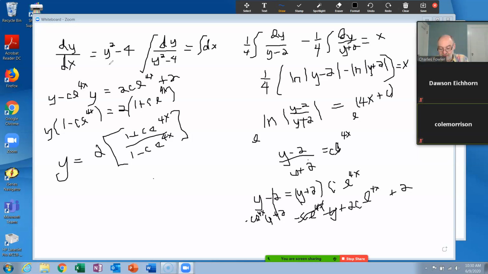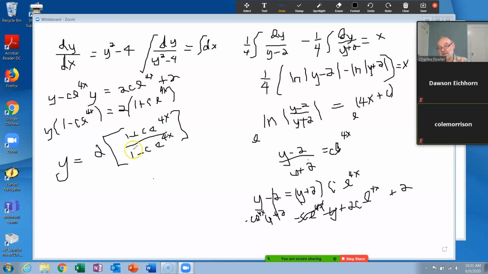Now, there is something else said here. Y, they say, can't equal the negative 2. That's a singular solution. Okay, I see what they're saying. Y is equal to plus 2 could come out of this. I said I didn't think it could, but it could. Because, well, you have to go through and do a pretty thorough analysis of this.